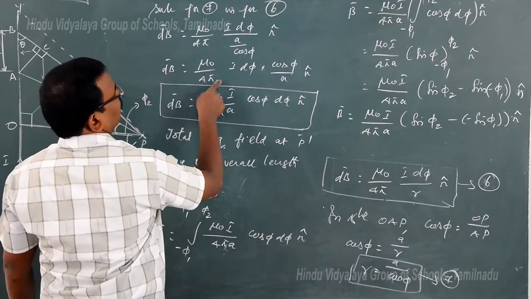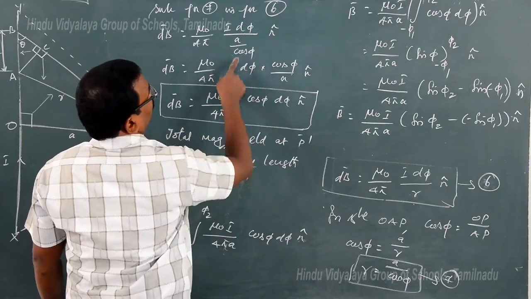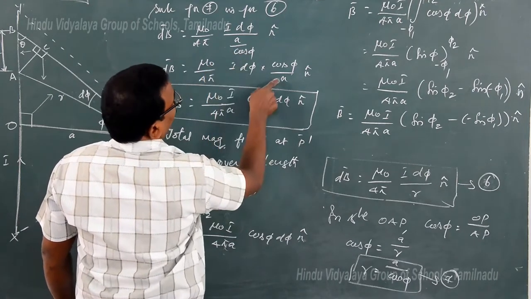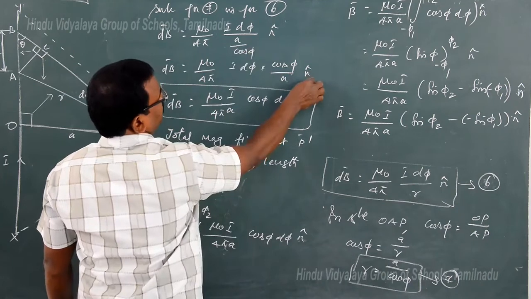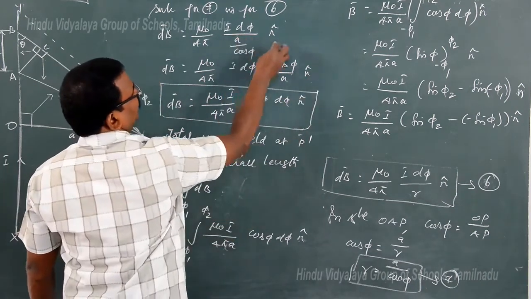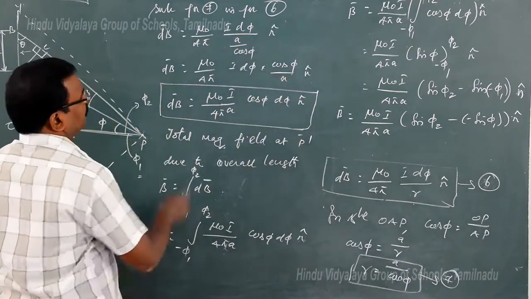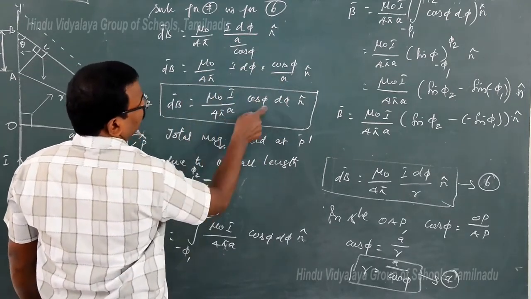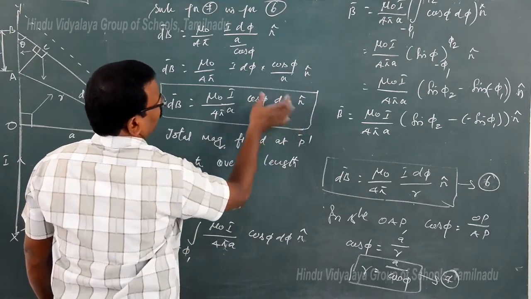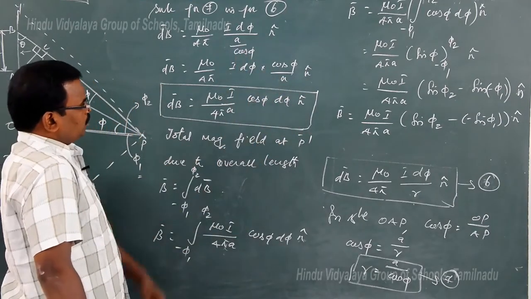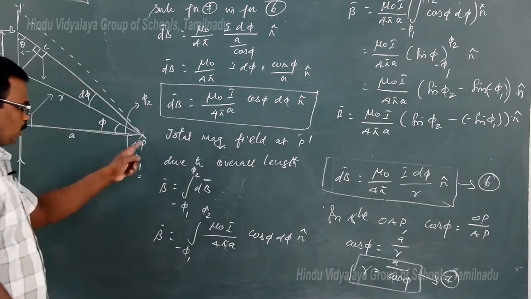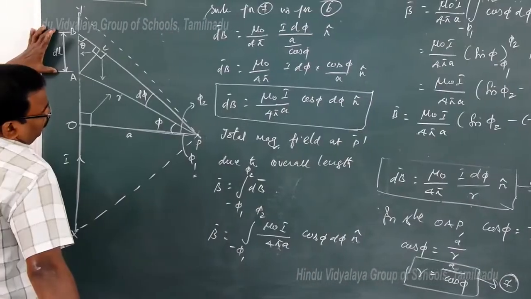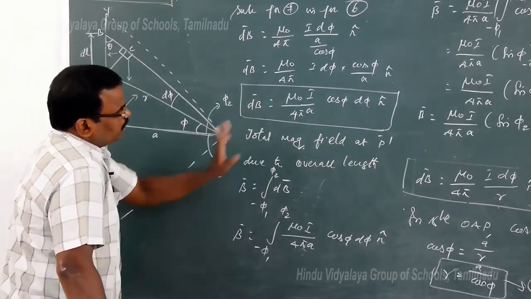Reciprocal with multiplication, a by cos phi is converted into cos phi by a. Then mu naught I divided by 4 pi a into cos phi into d phi into n cap. This is the magnetic induction at P due to the current I passing through the small element of length dl.